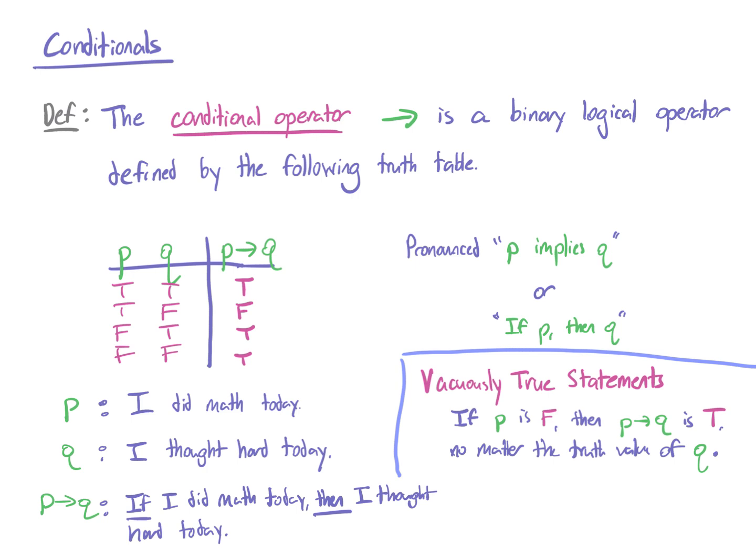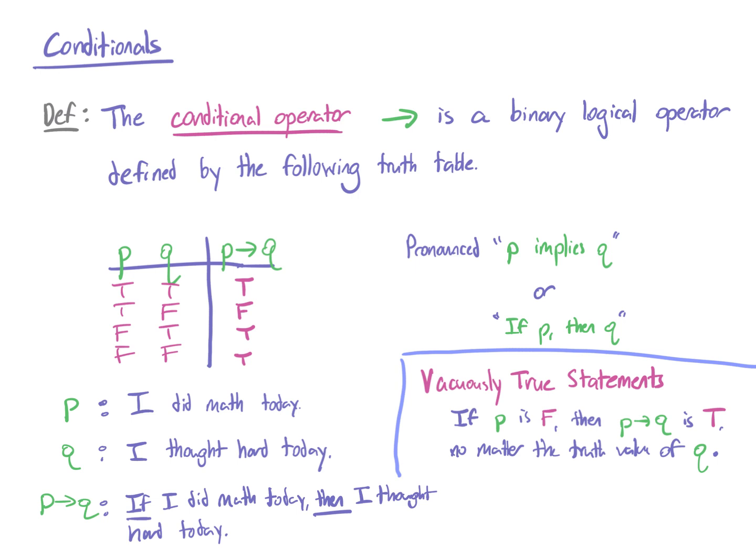This can lead to some surprising kinds of vacuously true statements. For example, if unicorns exist, and I'm going to assume that's a false statement, sadly, then discrete math is not fun.